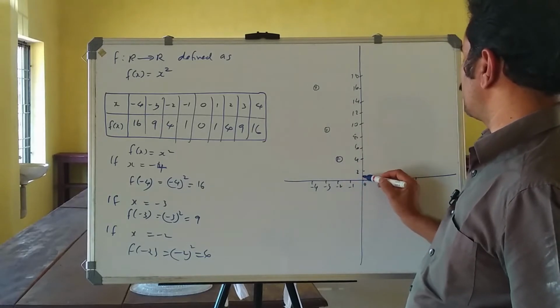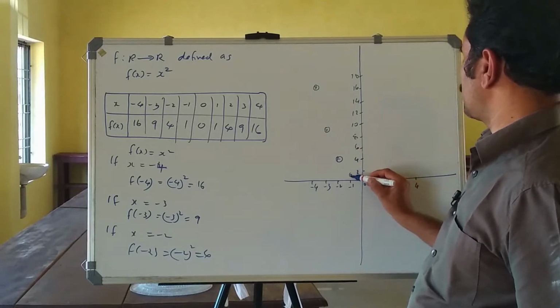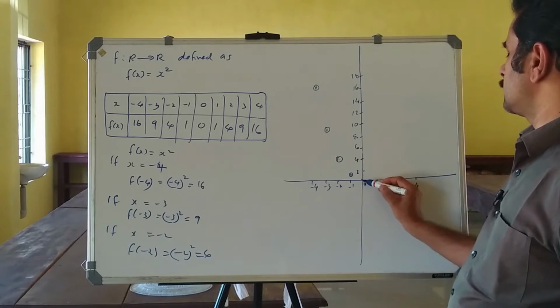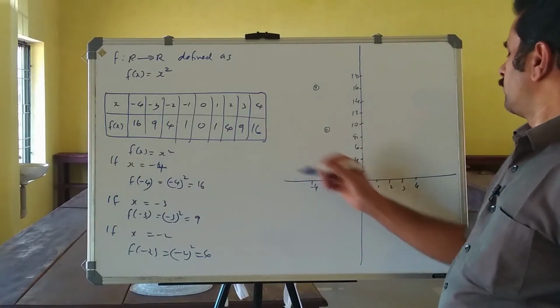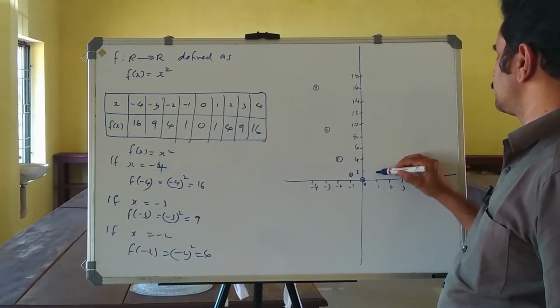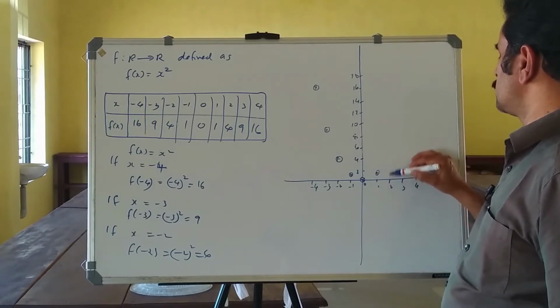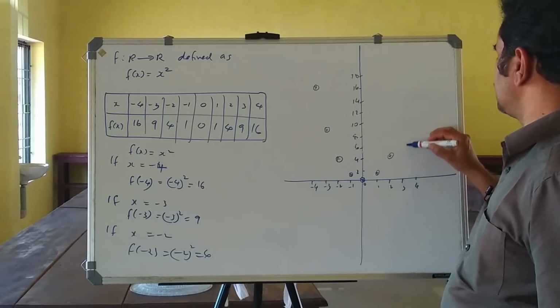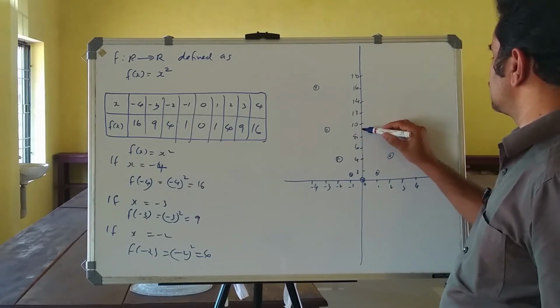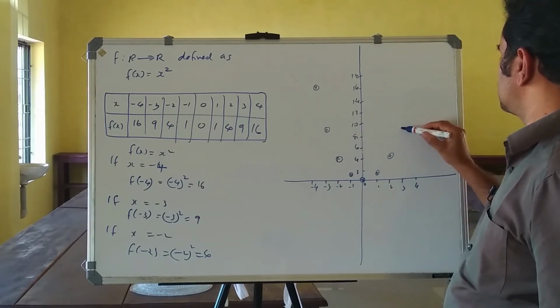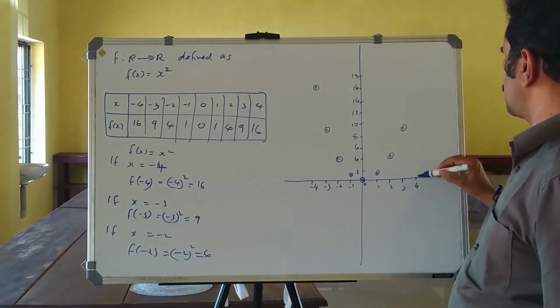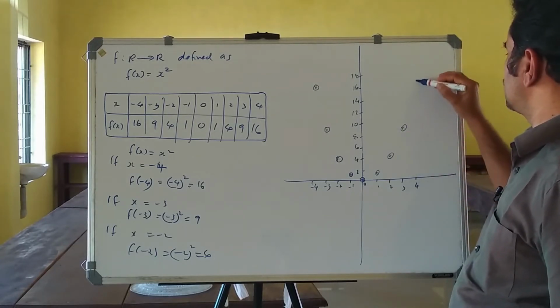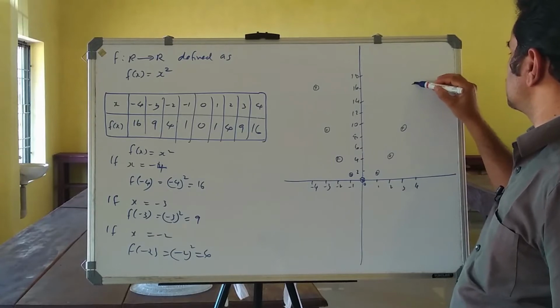Minus 1, 1 is here. 0, 0. 1, 1. 2, 4. 3, 9, 9 is here. 4, 16. Okay.